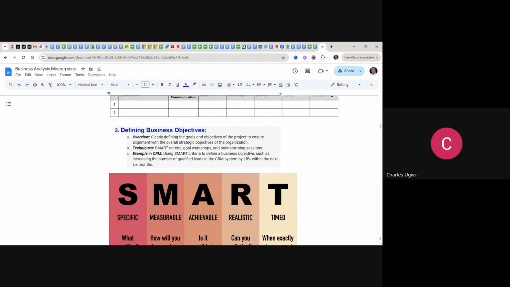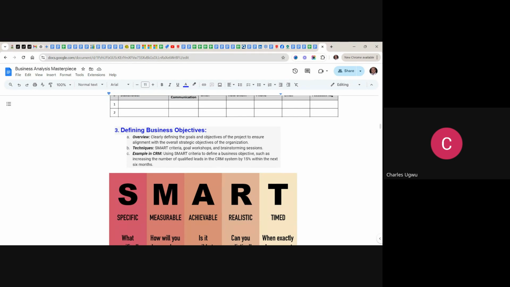Brainstorming is good. You can use brainstorming. We can use a workshop to gather, but it's beyond just brainstorming, and beyond just organizing a workshop, doing a normal requirement gathering. If you do not apply this technique called SMART, it's going to be difficult for you.